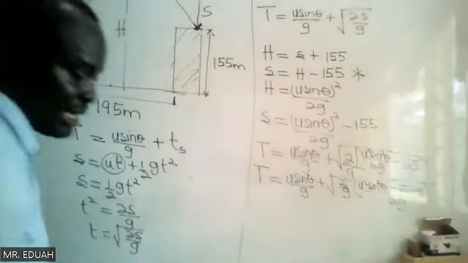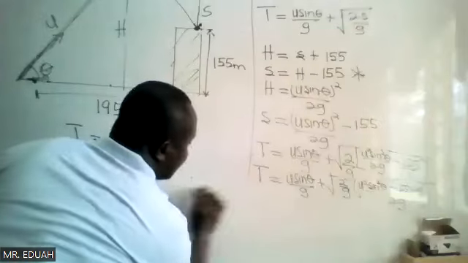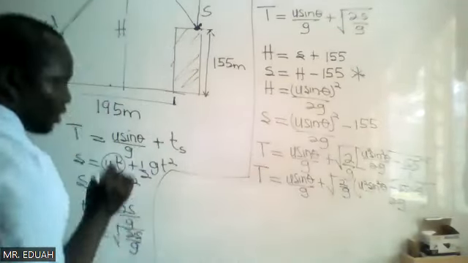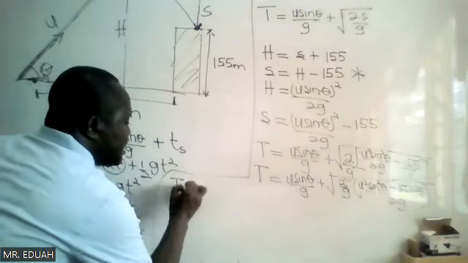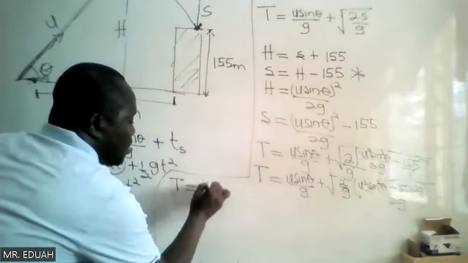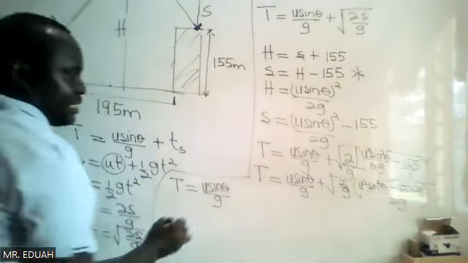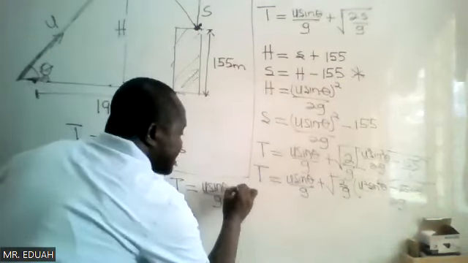I haven't done anything new. I'm only simplifying what is within the brackets. Therefore, t is equal to u sine theta over g plus.